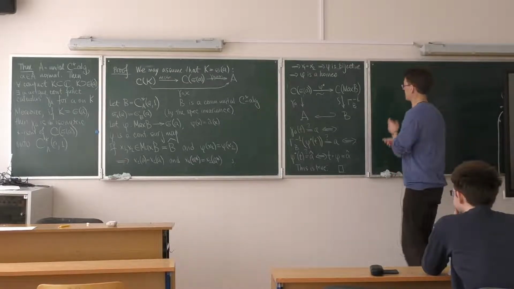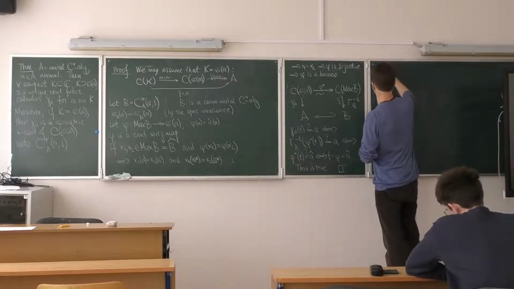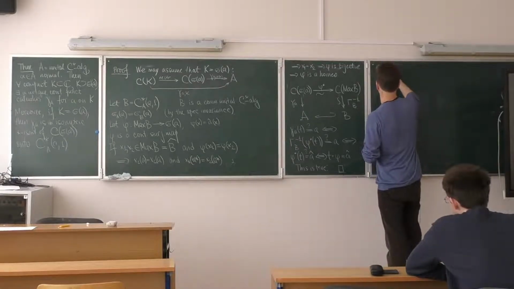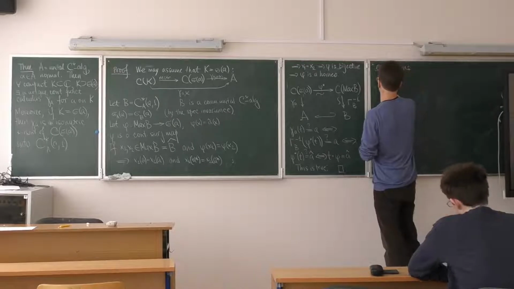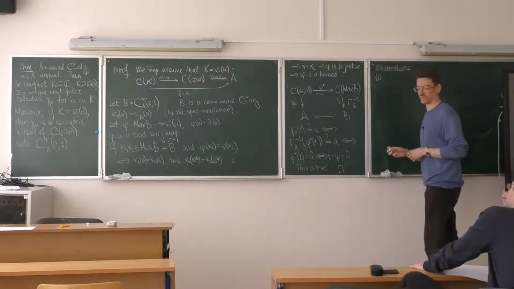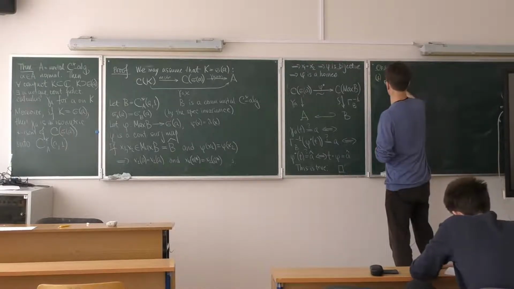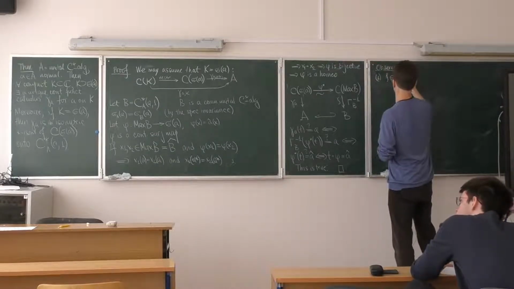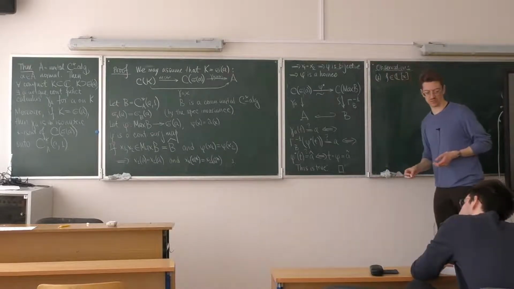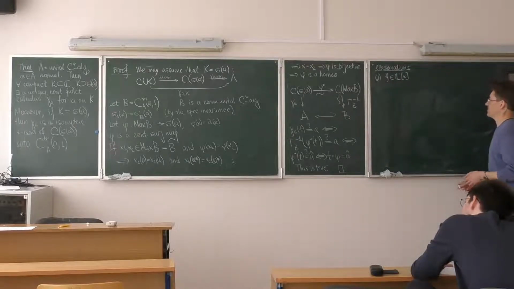Okay, so let's make two simple observations concerning this result. First of all, if f is a polynomial in one variable, each polynomial can be considered as a map from the complex plane to itself.